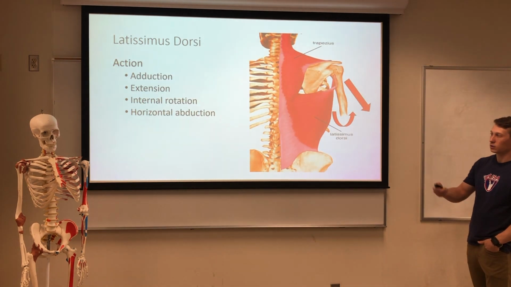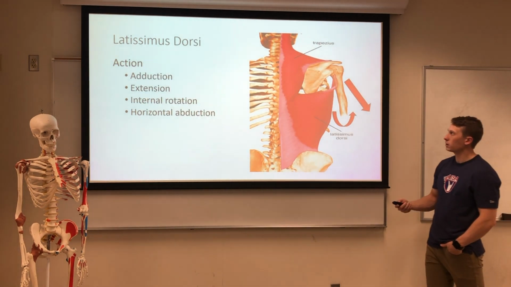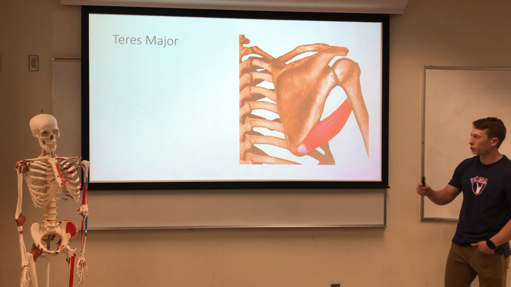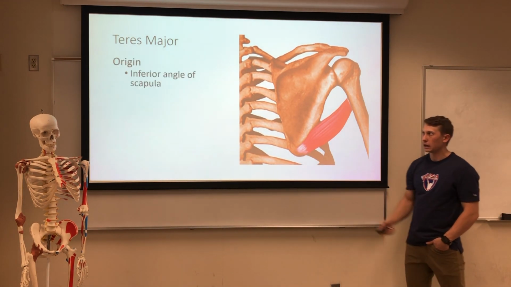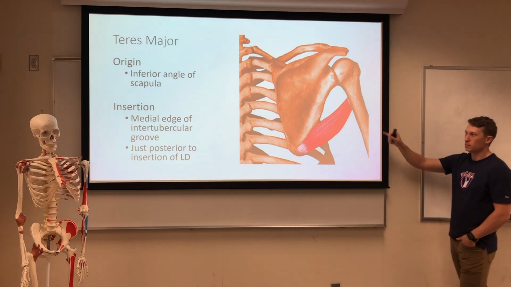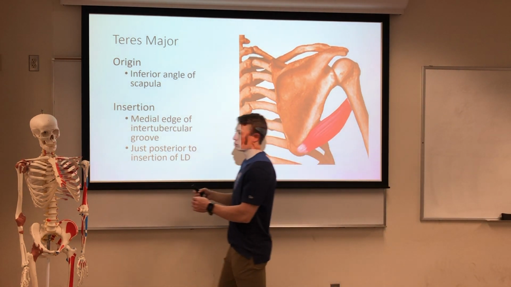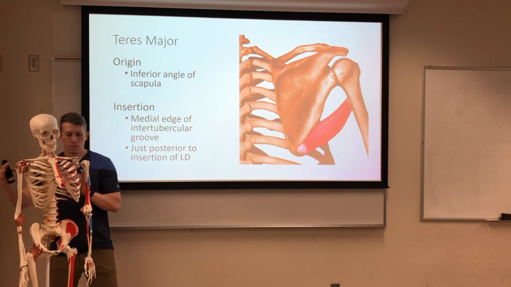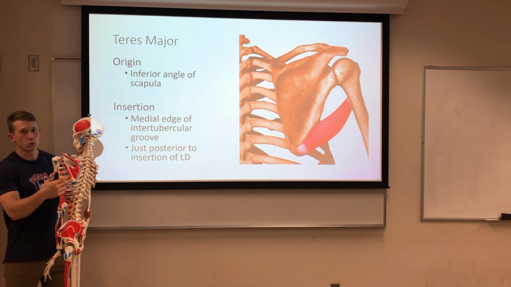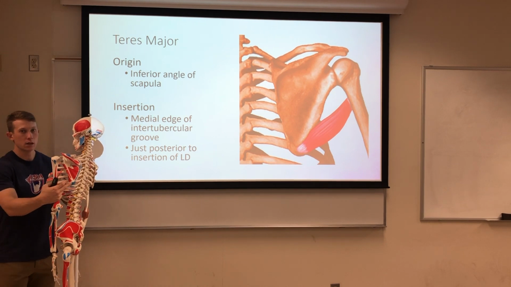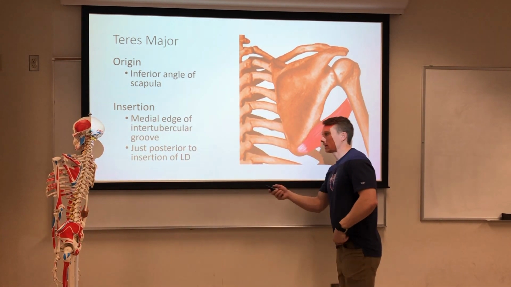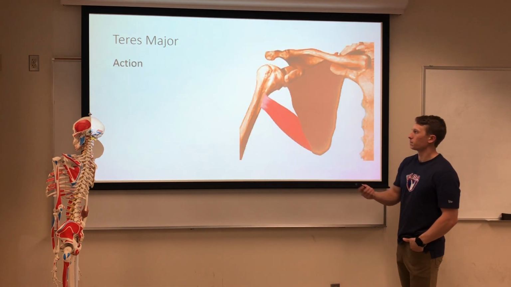Latissimus dorsi also has a small helper called teres major. Teres major is an intrinsic shoulder joint muscle that moves from the inferior angle of the scapula to the medial edge of the intertubercular groove. So it sits just near that insertion site with latissimus dorsi, but that origin is on the scapula. That weakens the muscle, as well as it being a much smaller muscle, but it gives us some slightly different movements. Okay?